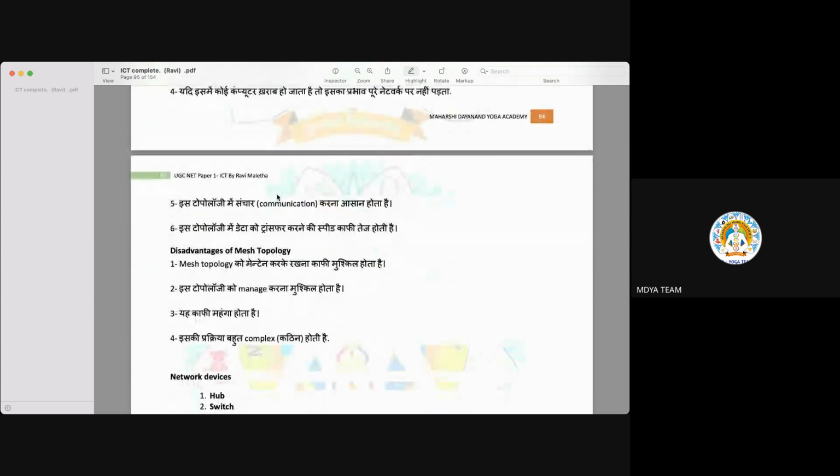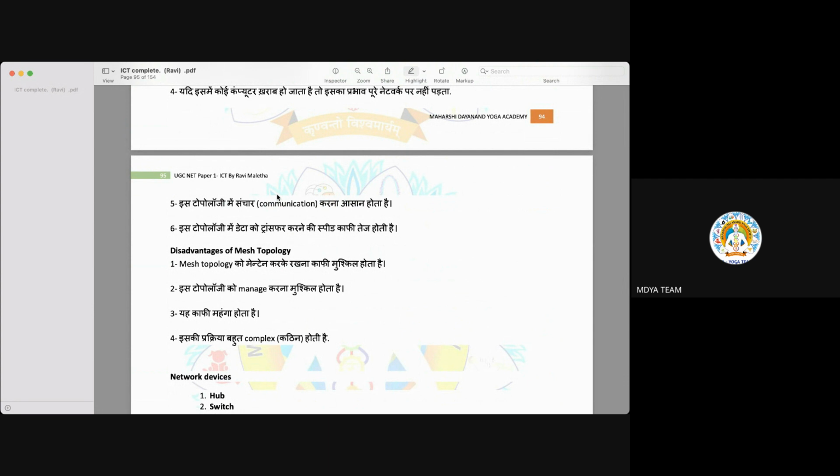The communication in mesh topology is easier because each one is connected to the rest of all the systems, so the data transfer speed is also very, very high.